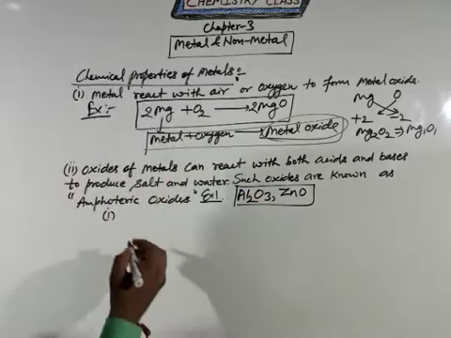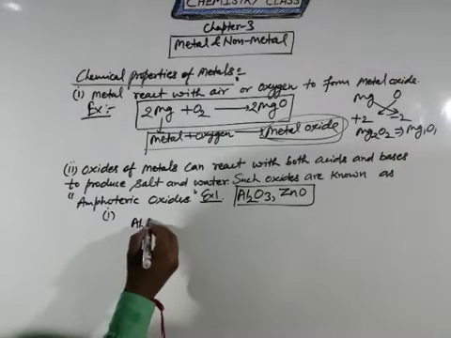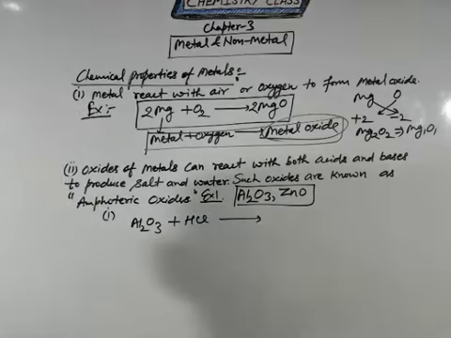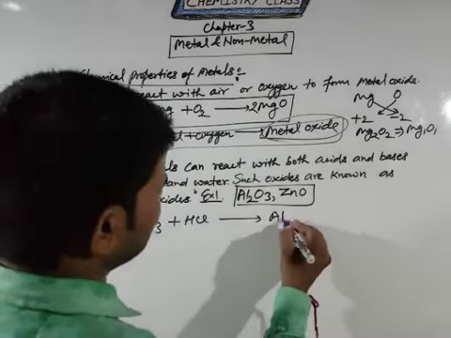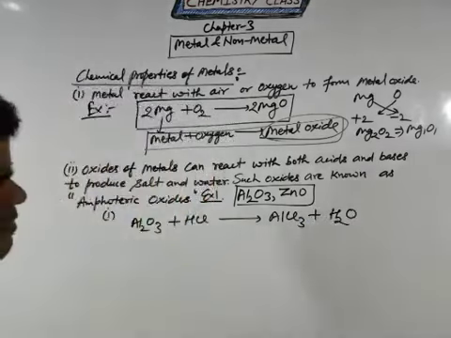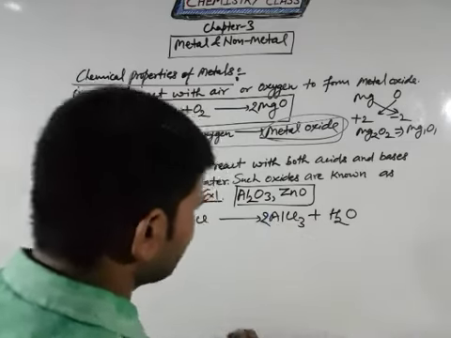So first we react this oxide in the acidic condition. Clear? So in this case the products are AlCl3 and H2O. You can see here this is our odd number. If an odd number is there, you can multiply by an even number.